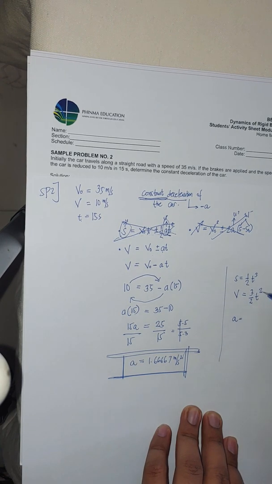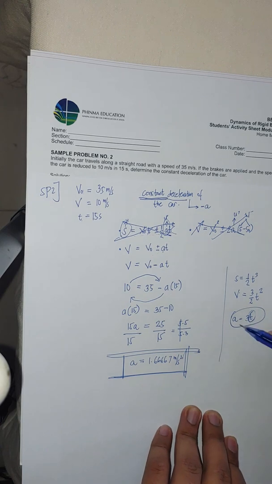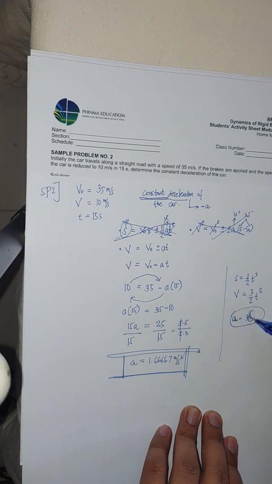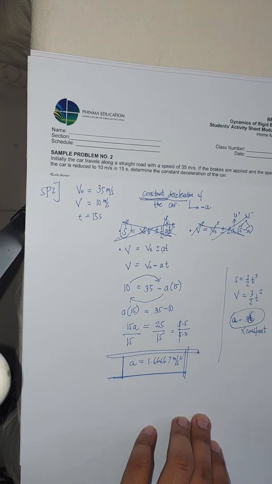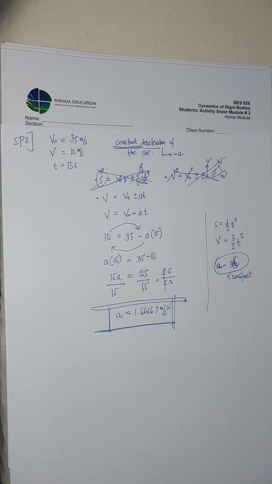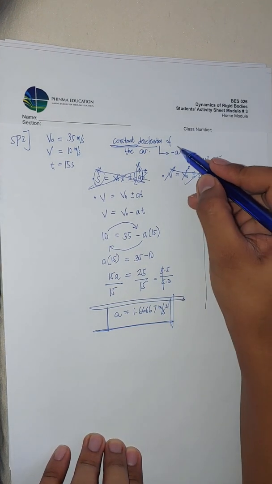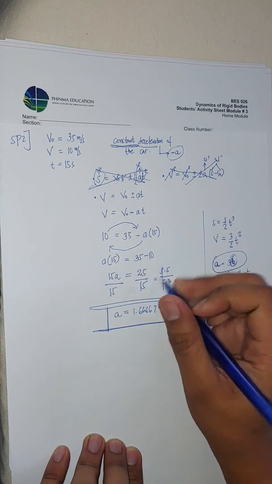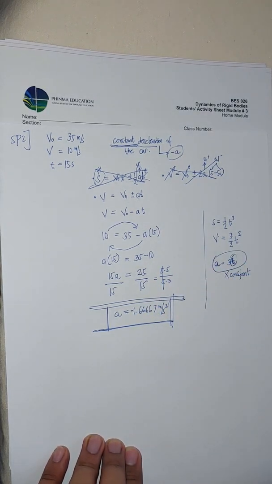The acceleration, the derivative of the velocity, is equal to 3t. If you see that there is a variable t, it means the acceleration changes with time. It means it is not constant. And since this is decelerating, therefore our acceleration, as I have shown here, is negative. So, this is negative acceleration.